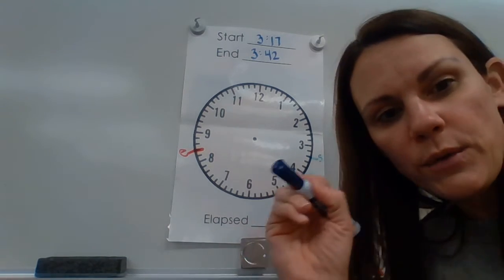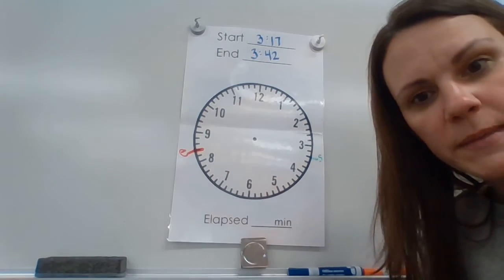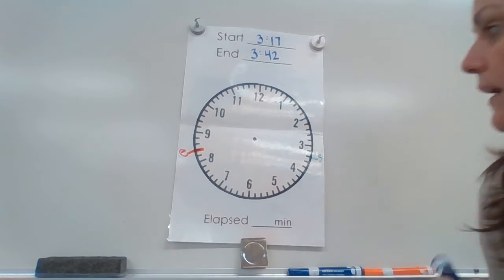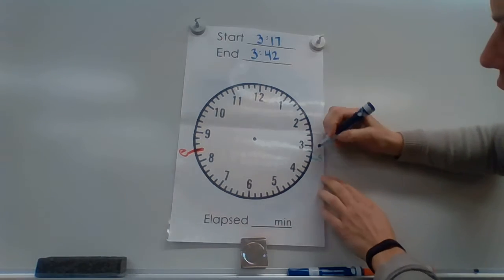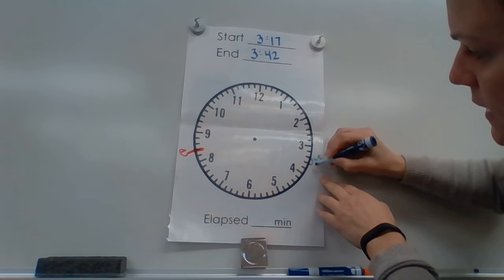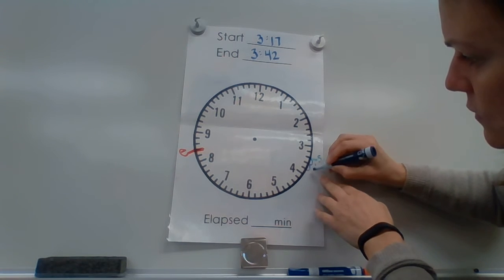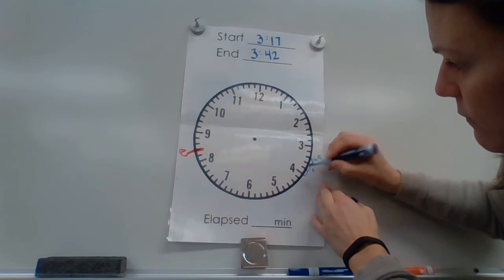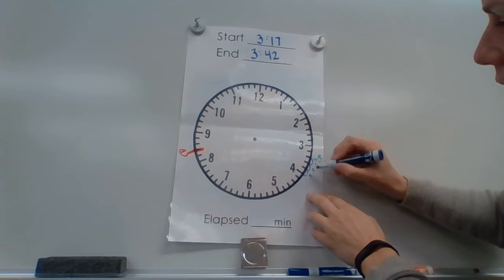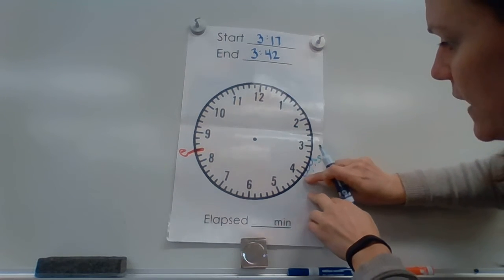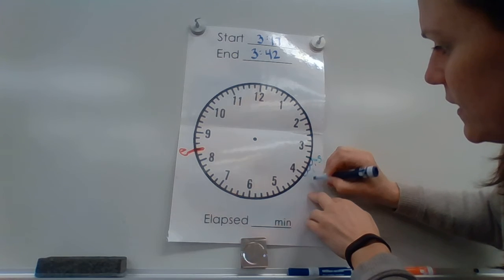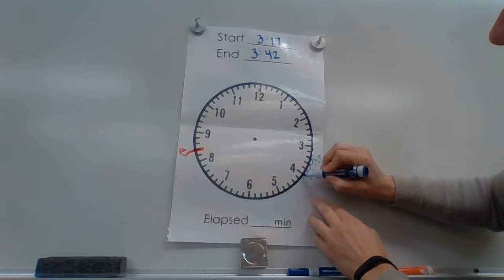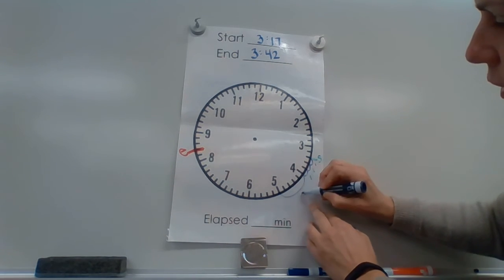Can we start right away with big 5-minute increments? No, because we're not on a big number yet. So we go 1, 2, 3, or if you want to mark them as 1, 1, 1, maybe that's easier for counting. 1, 1, 1, because now we're going to go big numbers.